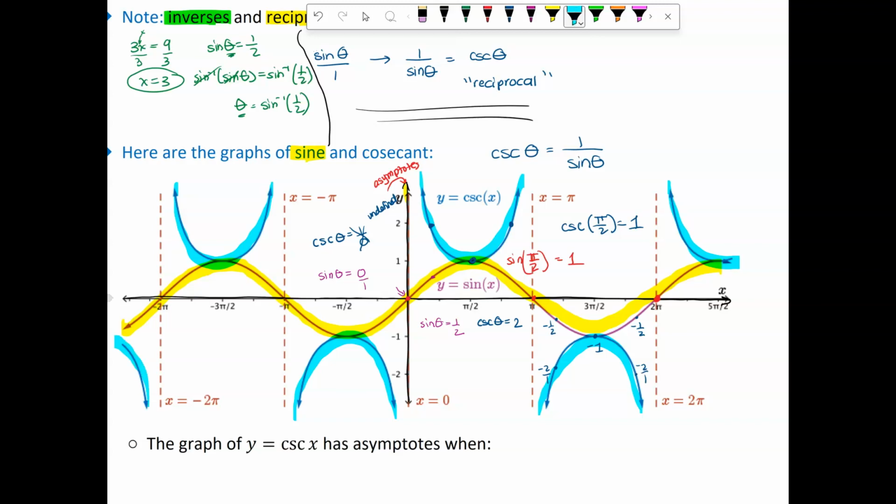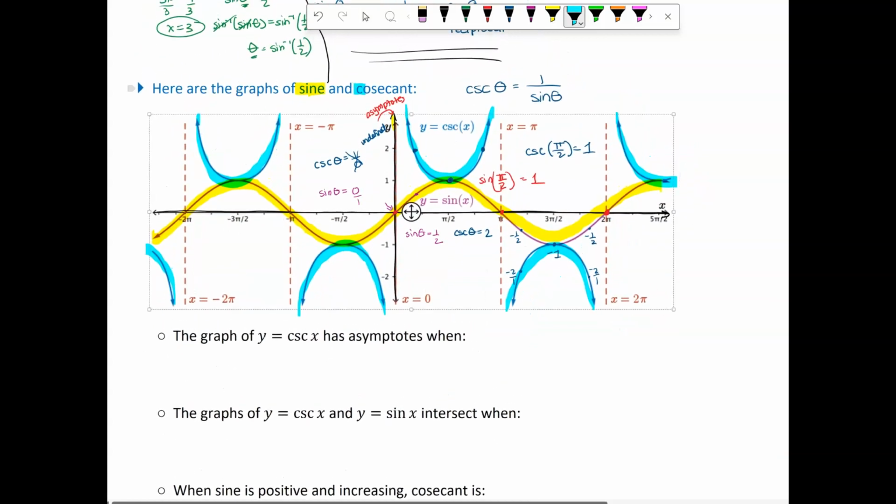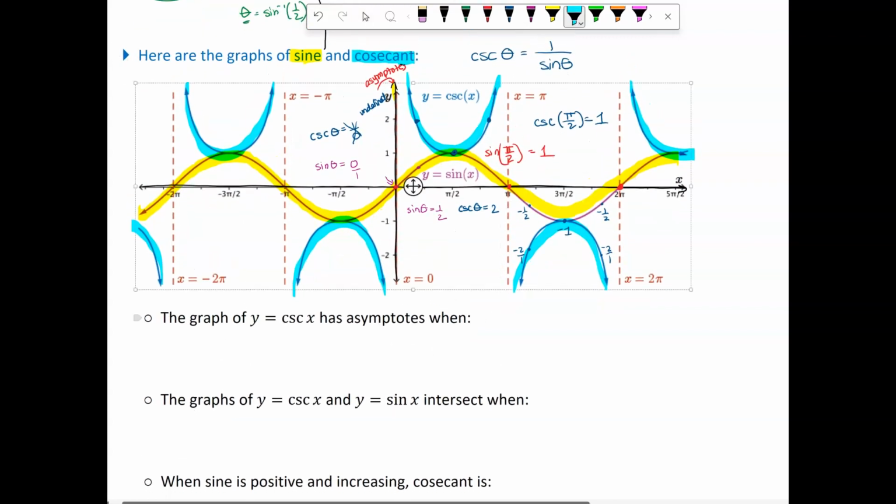Okay, so once we know how to draw our sine graph, now to draw the cosecant, we just take those values and we kind of reciprocate them and put the asymptotes in. So that's sine and cosecant. What about, so when we answer the question, the graph of cosecant x has asymptotes when our sine of theta, or x, interchangeable, is equal to 0.